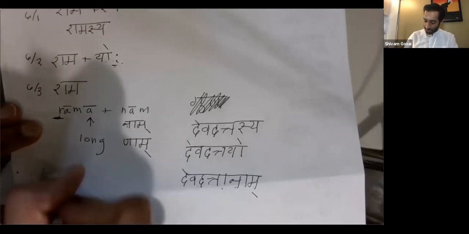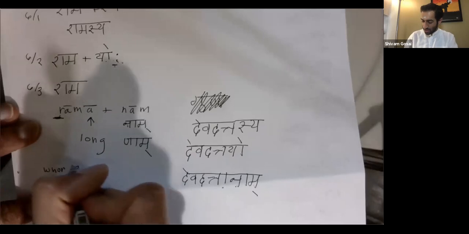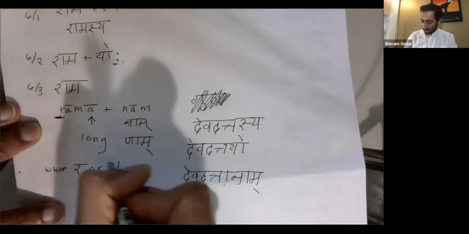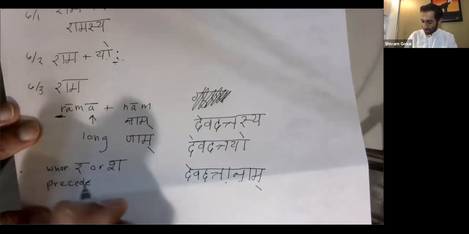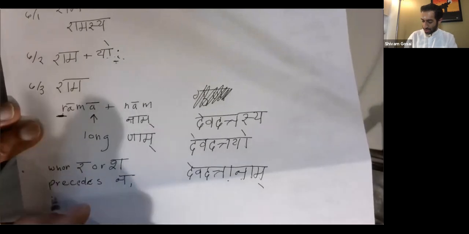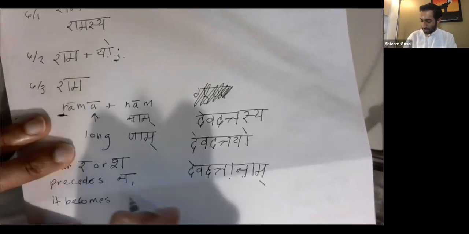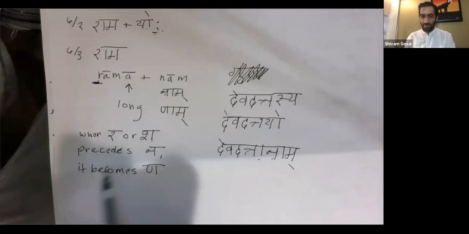Okay, so a simple way: when ra or sha precedes na, it becomes murdanya nakara. When ra or sha precedes na, it becomes murdanya nakara.